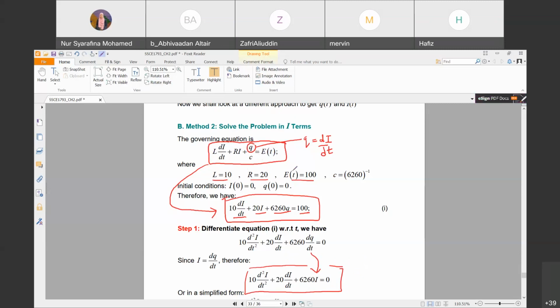After you substitute all the constants given, the equation is in terms of I and Q altogether. Then what we do here is to differentiate. Differentiate dI/dt will give you d squared I/dt squared. Differentiate I will give you dI/dt. Differentiate Q will give you dq/dt, which is I.